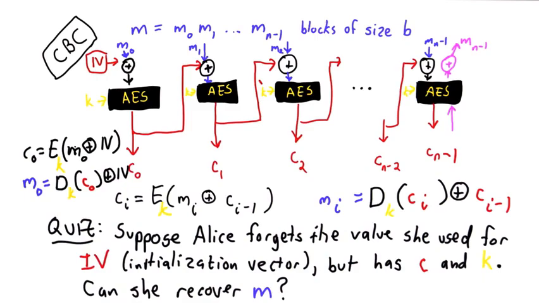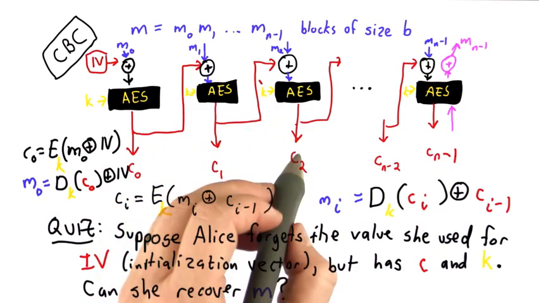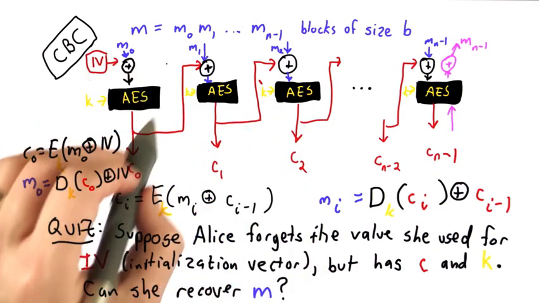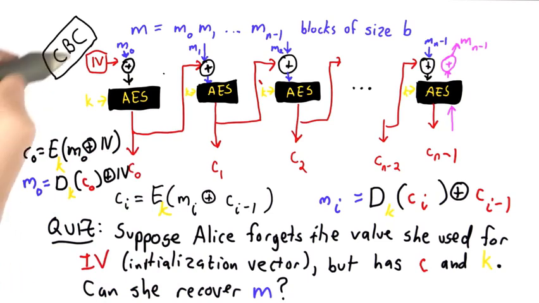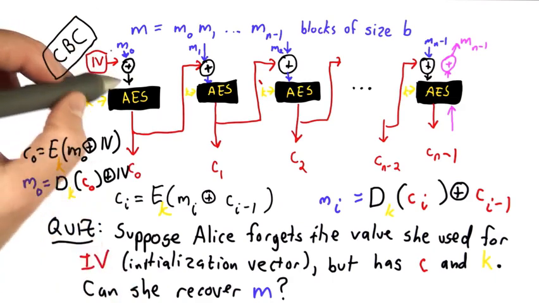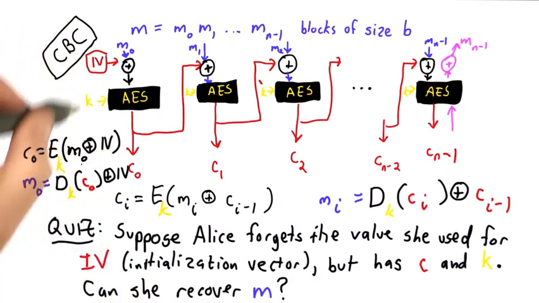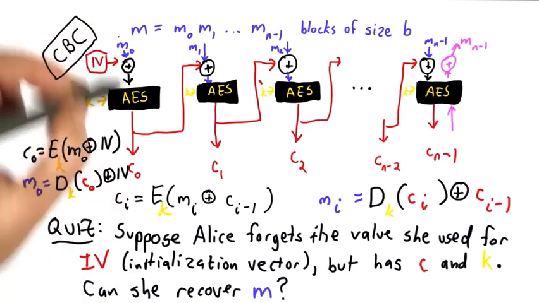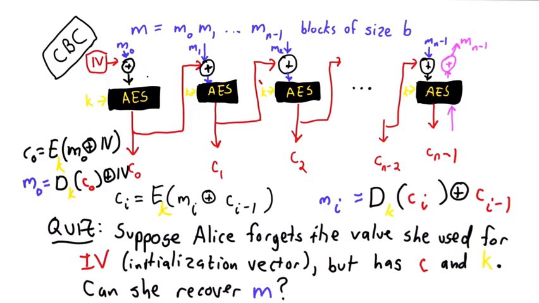So if we lose the IV, but don't lose the key and don't lose the ciphertext, we've lost just the first block. And if the IV was selected perfectly at random, we have no information at all about the first block, because whatever we get out of this decryption is XORed with that IV to get the message. So if we have no information about the IV, we have no information about the first message block, but we can decrypt all the other blocks.